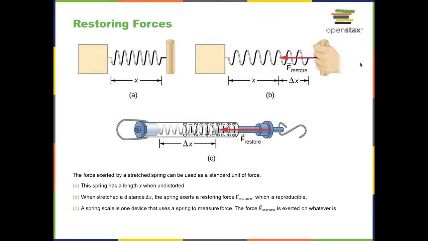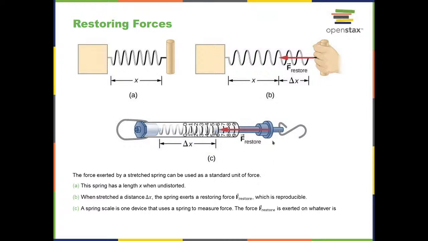What will happen is the spring will exert a force that is equal in magnitude, that is trying to restore the equilibrium situation in panel A here. This is the restoring force. So it's a force that tries to bring this system, this spring, but this will be true for many different systems, back to its equilibrium.